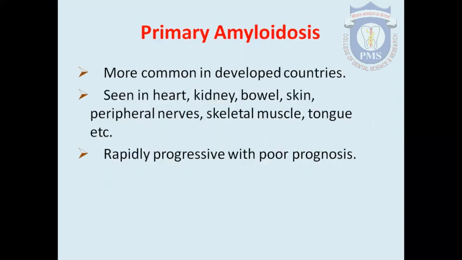Primary amyloidosis is more common in developed countries, seen in heart, kidney, bowel, skin, peripheral nerves, skeletal muscle, tongue, etc. It's rapidly progressive with poor prognosis.